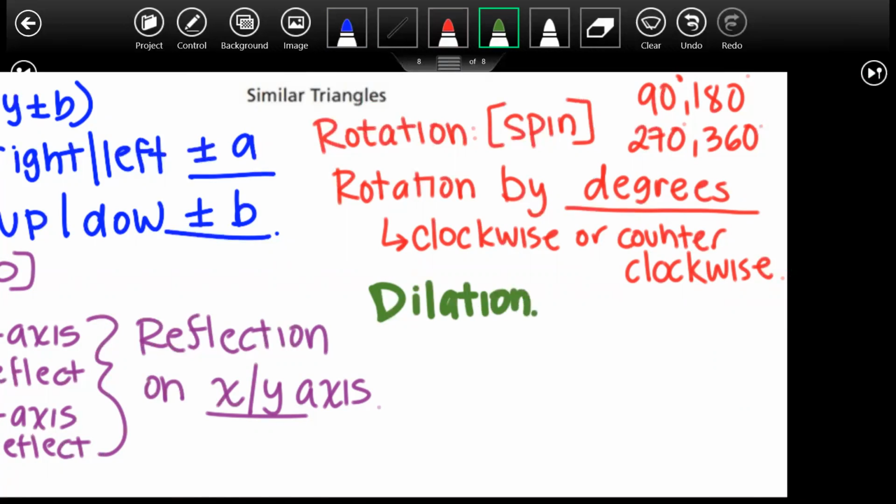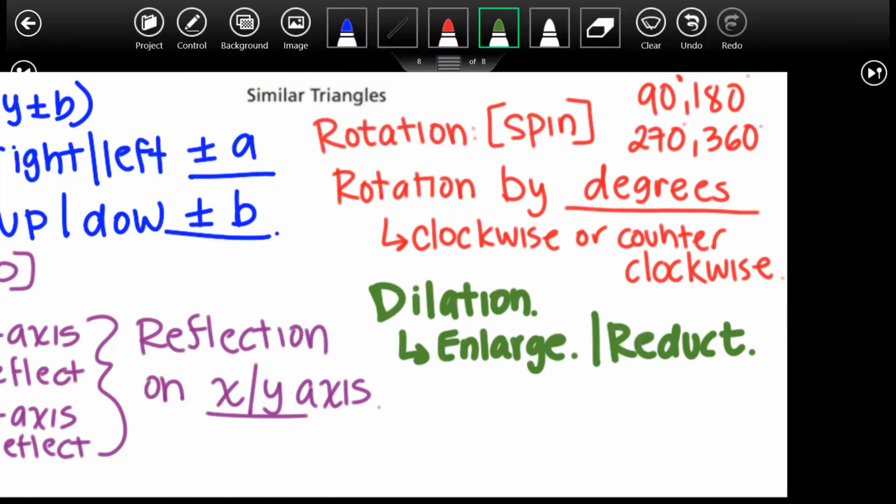And we got to refer to several things, and we're going to dig more into this tomorrow. We got to refer to several things. Enlargement or a reduction.